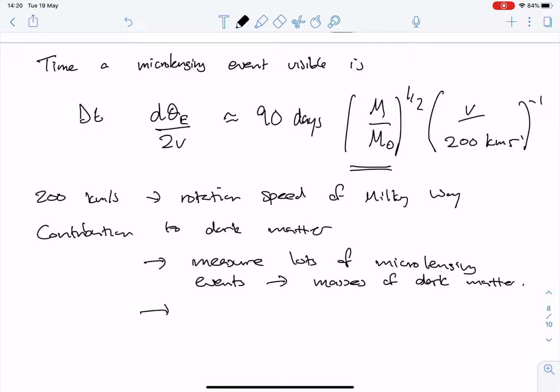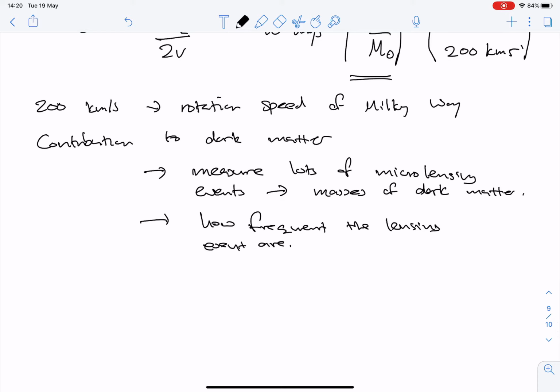And I also need to know how frequent the microlenses occur, the lensing events occur. Okay, and if I know those two things, how often they happen, if I look at some patch of sky and I see how often they happen, that gives me a route to what you call the number density of machos. I.e., how many machos there are in that bit of sky that I'm looking at.